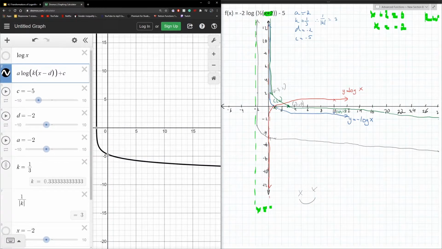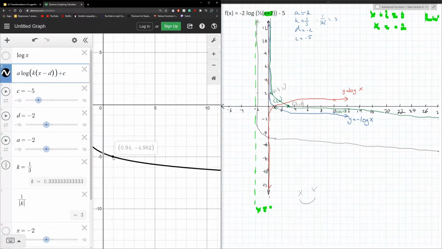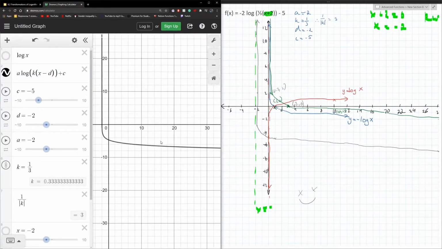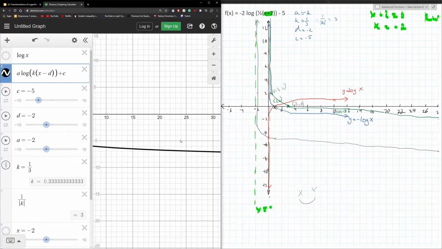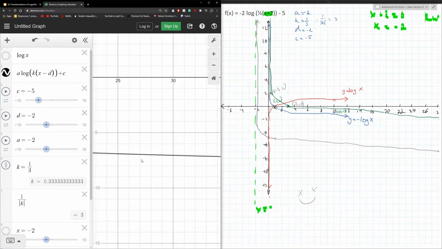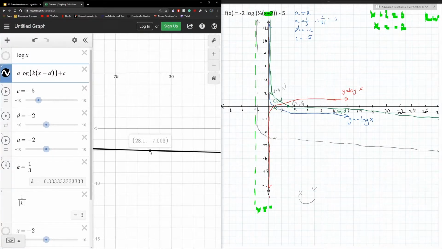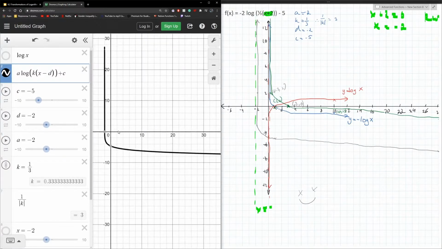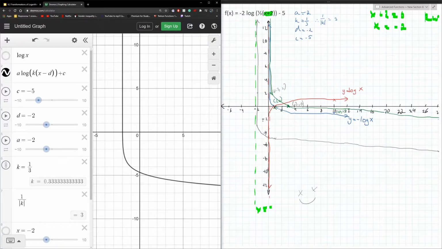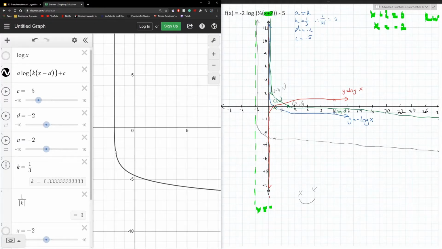So our key points became 1 and -5. Let's try to get 1 and -5. That's perfect. Our next point was at 28 and -7. 28 and -7. Perfect. Lastly, we had a point at -3 and like 0.7.